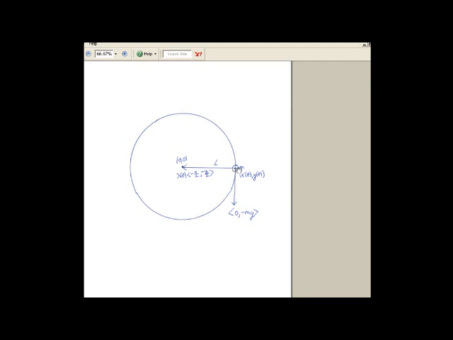And the mass is m, and the position of that mass that's connected by this pendulum to the origin is x of t, y of t, which we're going to try to solve for. And there are two forces acting on that mass. One is the force of gravity, which is 0 in the horizontal direction and minus mg in the vertical direction. The other force is the force of the rod here, and it's always going to be in the direction toward the origin.